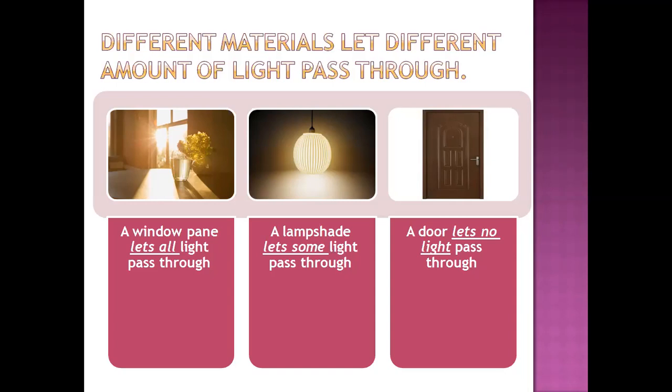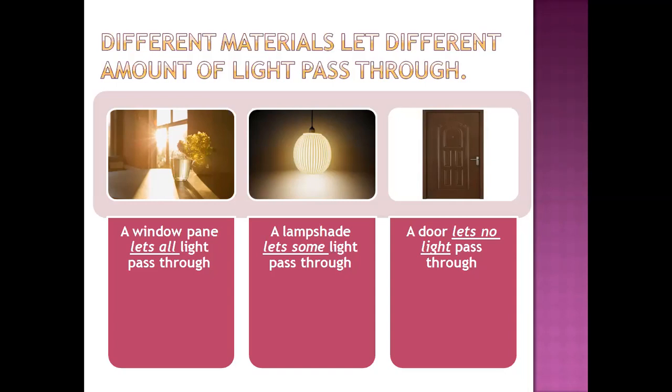What about the lamp shade, the next picture? It's not clear enough, so it lets some light, not all the light, pass through it. Okay. What about the door? It has no glass, it's all covered with wood. So the door lets no light pass through.